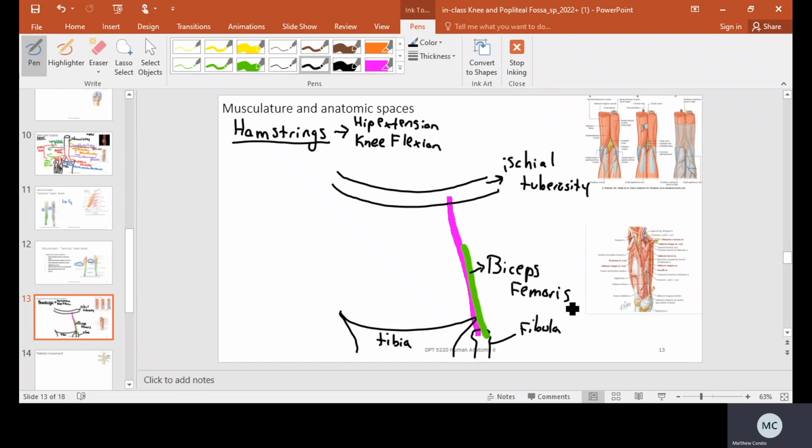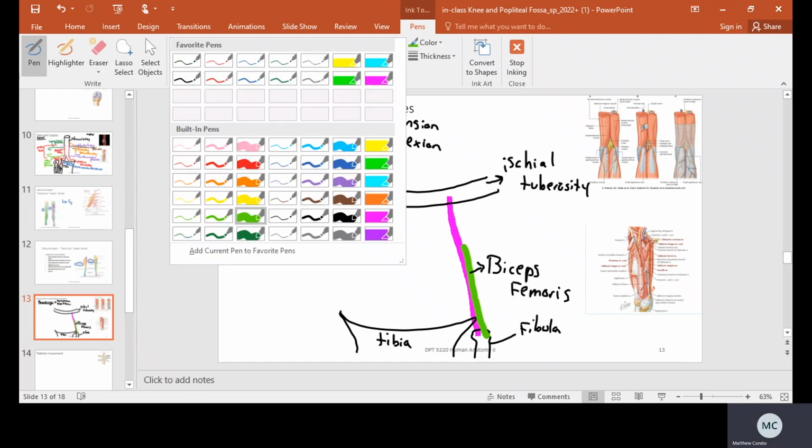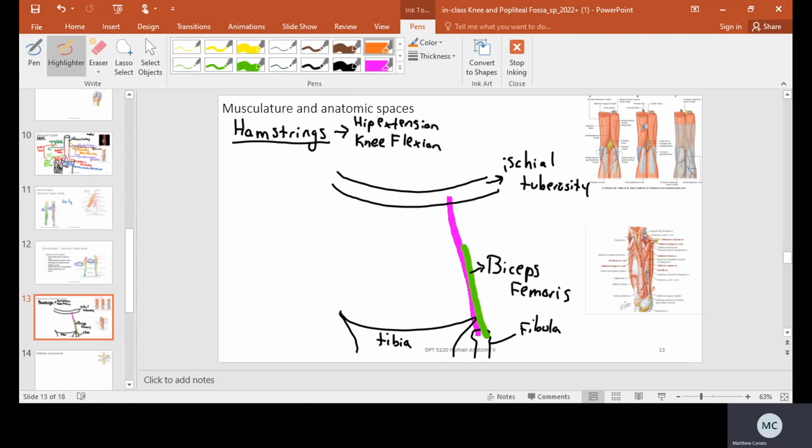The other two big hamstring muscles we're going to have here: one's going to come off of the ischial tuberosity and go down to the proximal tibia. It's going to come out to this really large membrane, and that should be a huge key.